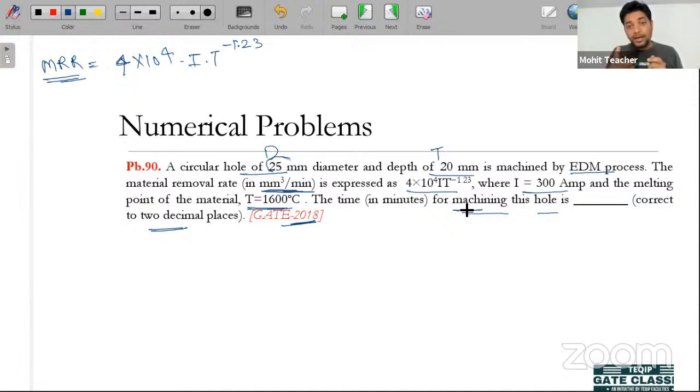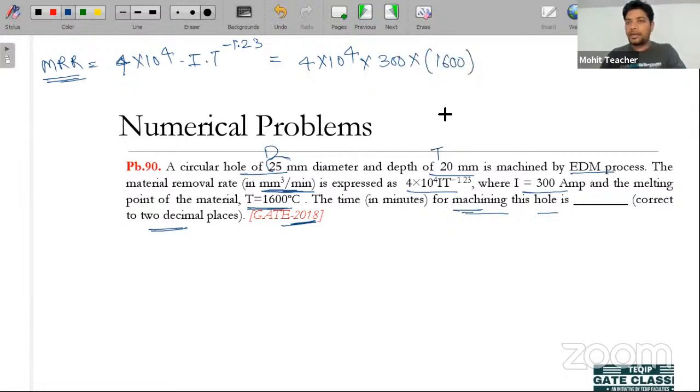Now, what is MRR? It is how much amount of material is removed per unit time, so from that you can calculate the value of time. Easy. First we calculate MRR, which equals 4 into 10 raised to power 4 into I, that is 300, into T, that is 1600.